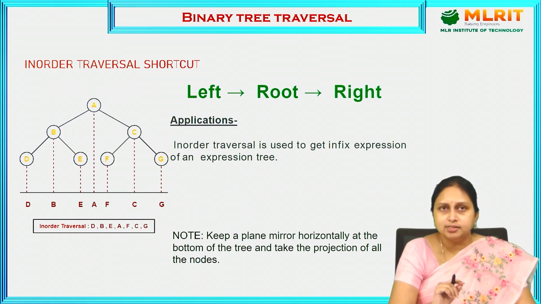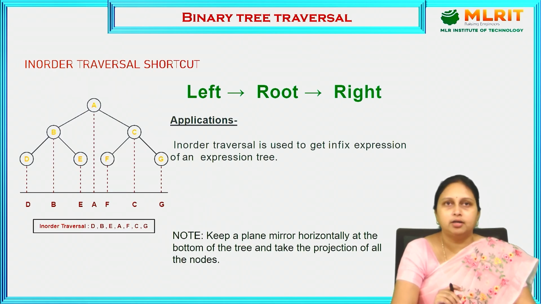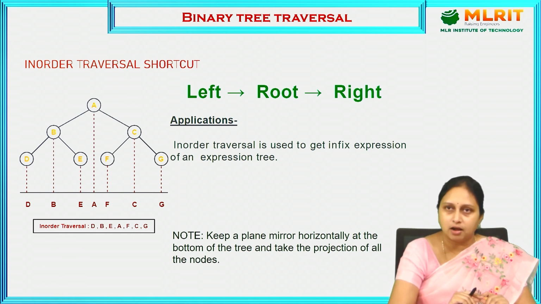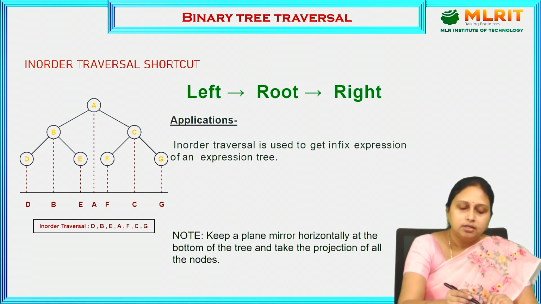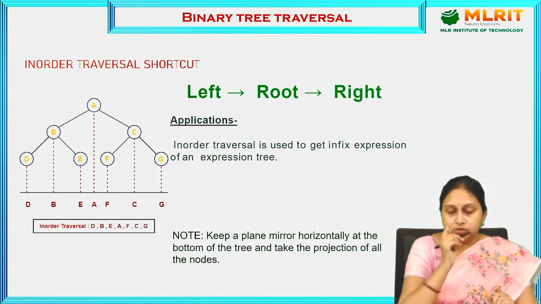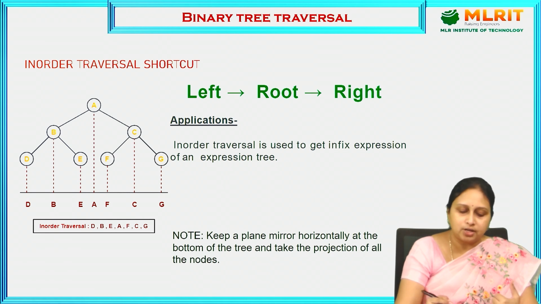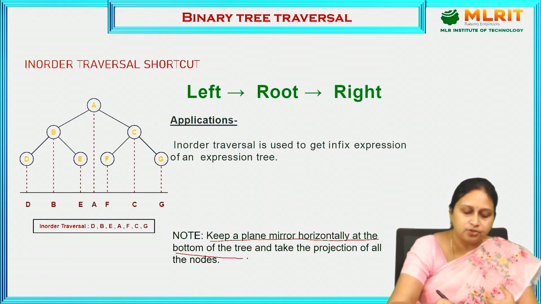And here, this is a shortcut representation for checking whether we have represented the in-order traversal in a correct way or not. How can we know that? This is very simple. Let us see the diagrammatic representation which I have given with the binary tree. In the shortcut, keep a plane mirror horizontally at the bottom of the tree.